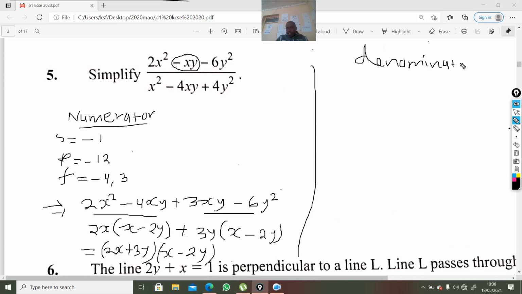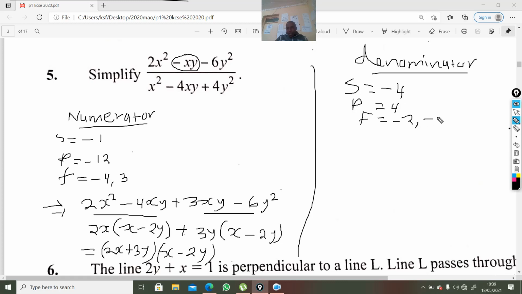I'll deal with the denominator. Here I can also have the sum as -4, product as 4, because 1 times 4 is 4, and therefore the factors here I can have -2, because -2 plus -2 you get -4, -2 times -2 you get 4 positive.